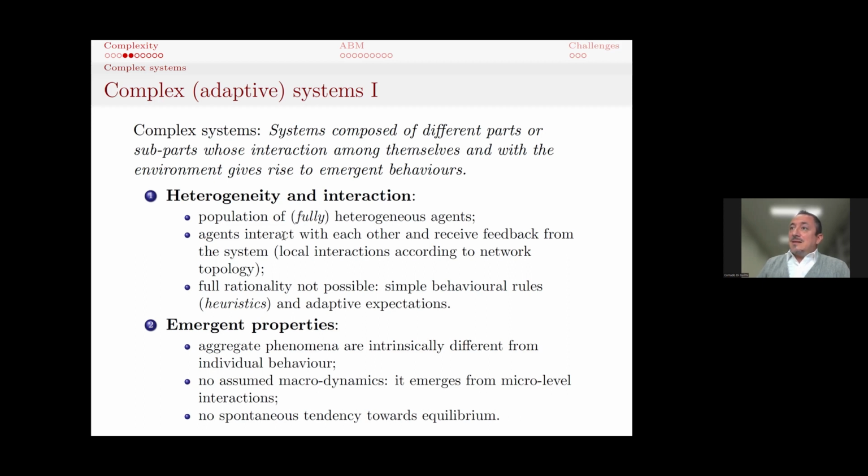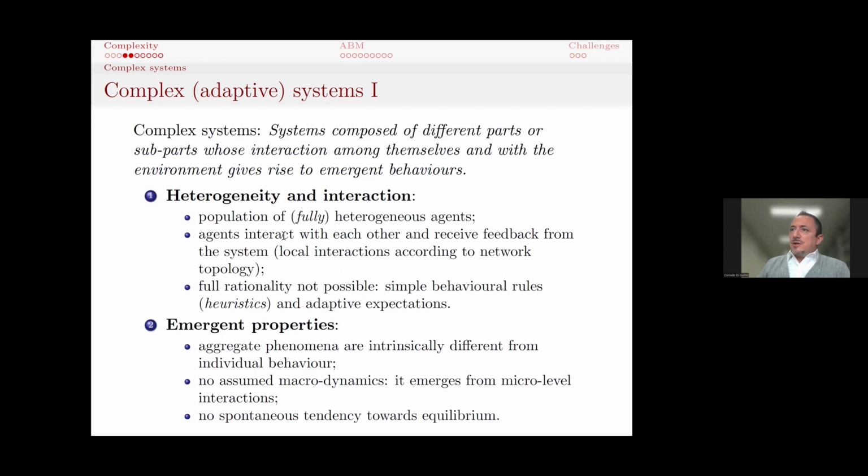These interactions also imply the existence of a network. The network can be complete or incomplete, and normally, as we will see, agents focus on their portion of the network, so on a subset of nodes or agents that they can see from their point of view.